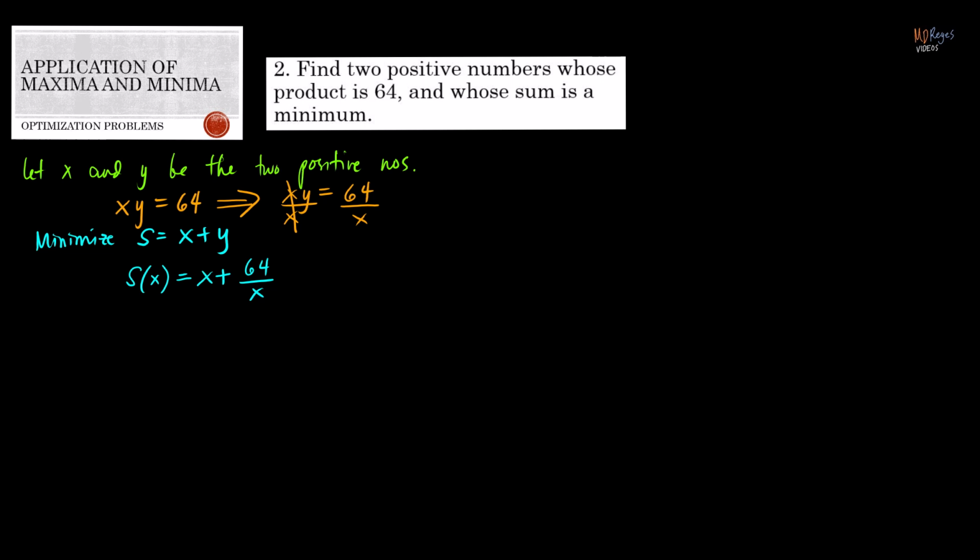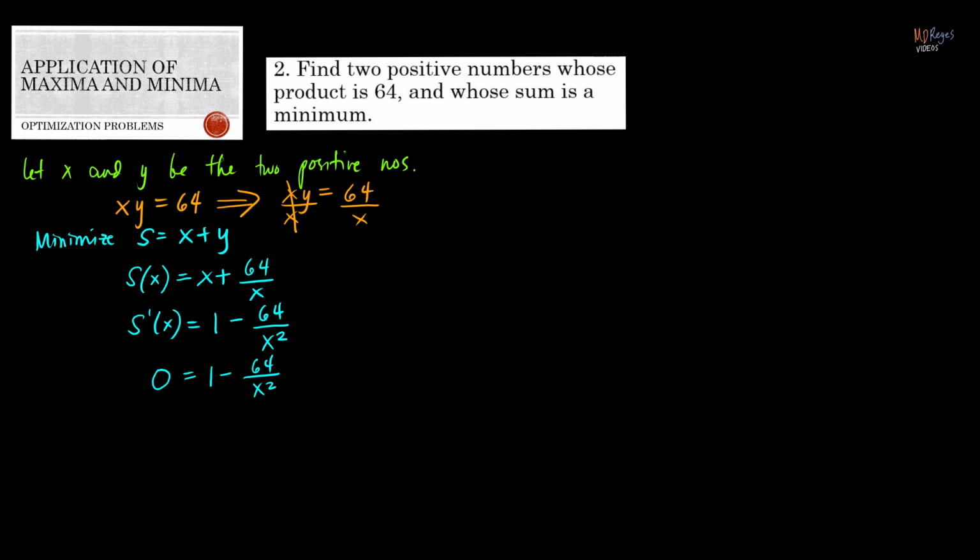Alright, since we are trying to get the minimum value for the function s, we will get the first derivative of the function, s prime of x. So we are differentiating s with respect to x, and we'll get 1 minus 64 over x squared. To get the minimum value of the function s, we will equate s prime, the first derivative of s, to 0. 0 equals 1 minus 64 over x squared.